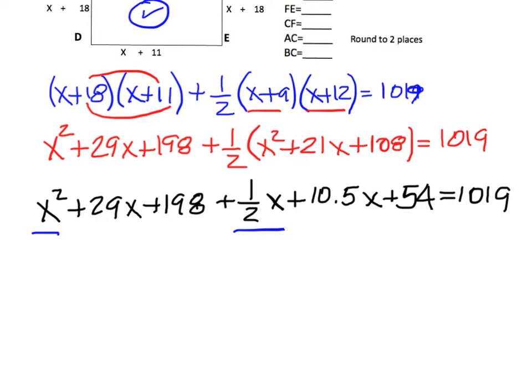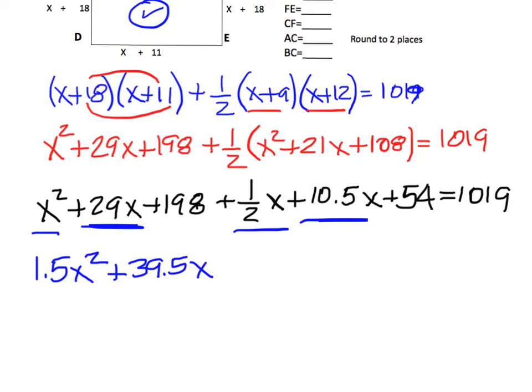So x squared plus 1/2 x squared is 1.5 x squared. 29x and 10.5x is 39.5x. And then 198 and 54 is going to give you 252. And that's equal to 1019.